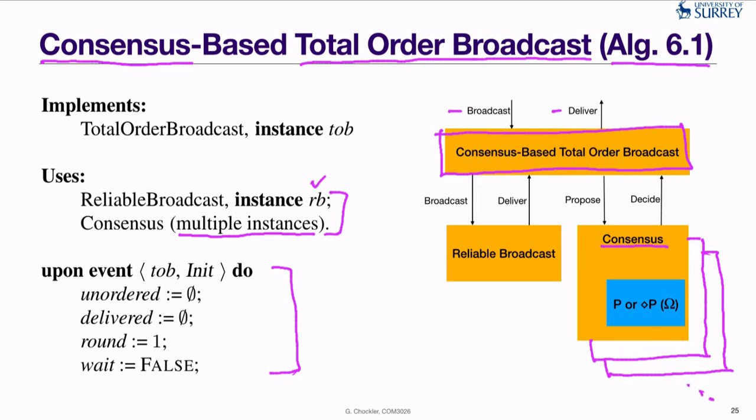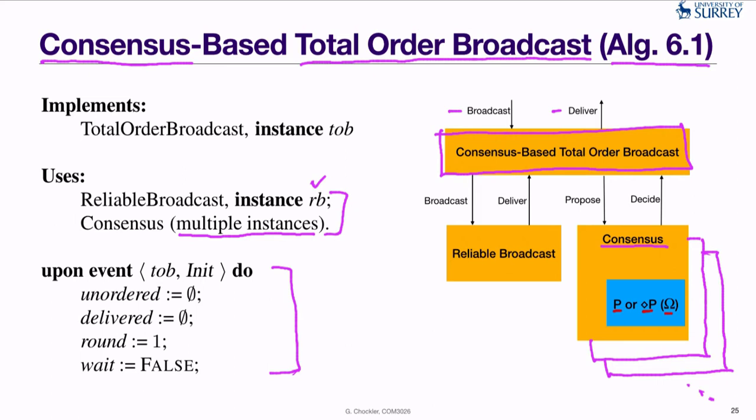So there are many instances of consensus being used, and when we discuss the algorithm, it will become clear why that is needed. For now, just notice that a specific implementation of the consensus component that is being used here can rely, say, on these abstractions of failure detectors or eventual leader detector, as we discussed.